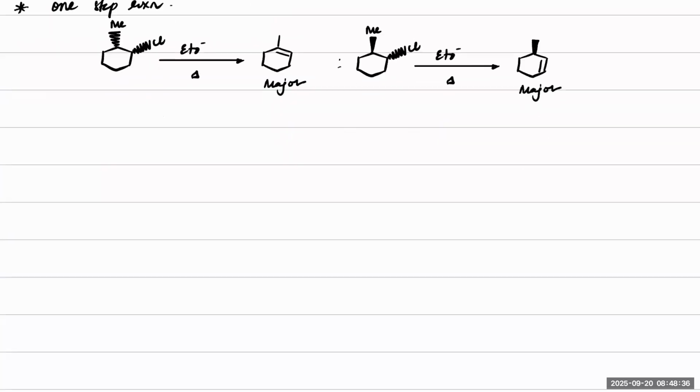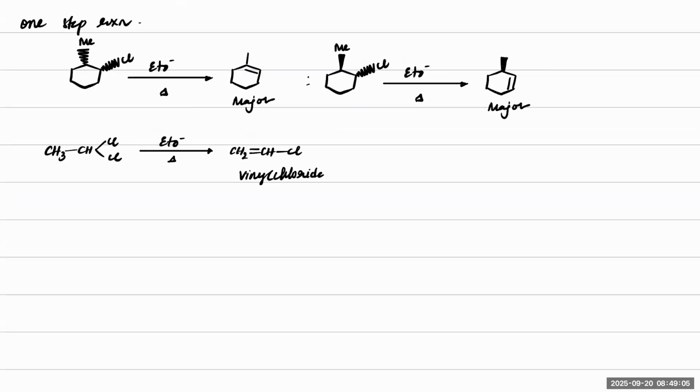Next, in case you have CH3, CH, Cl and Cl, and then you are performing an elimination reaction here with EtO minus and heat. You'll get CH2 double bond CHCl. So what will this become? Vinyl chloride. Vinyl chloride cannot be eliminated easily by ethoxide. We require an even stronger base.